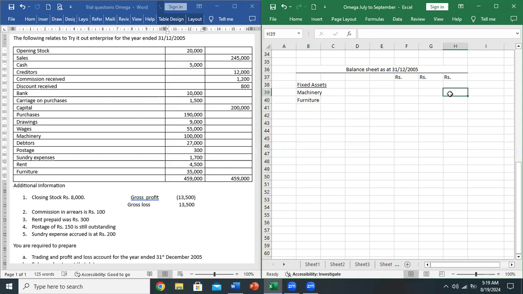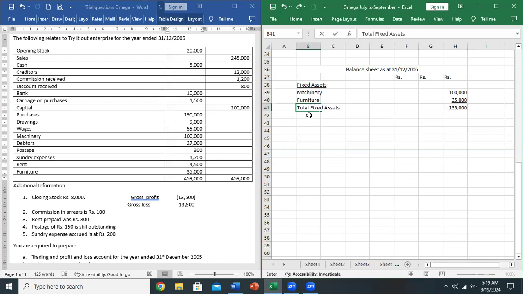So we put in the cost. There are no depreciations here, so we put it straight away. Machine is 100,000, furniture is 35,000. And these are the 2 assets given in this question. So the total is 135,000. Total fixed assets.